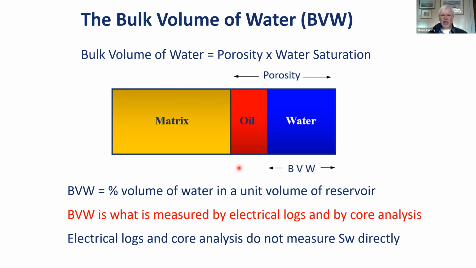And in core analysis, we measure the bulk volume of water, the amount of water dispelled from the core under different pressures. So BVW is more fundamental than water saturation. Obviously, you get water saturation by dividing BVW by the porosity.